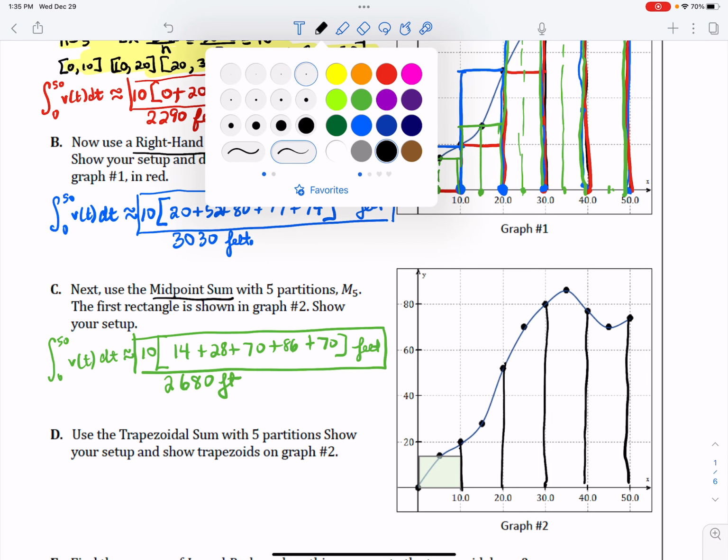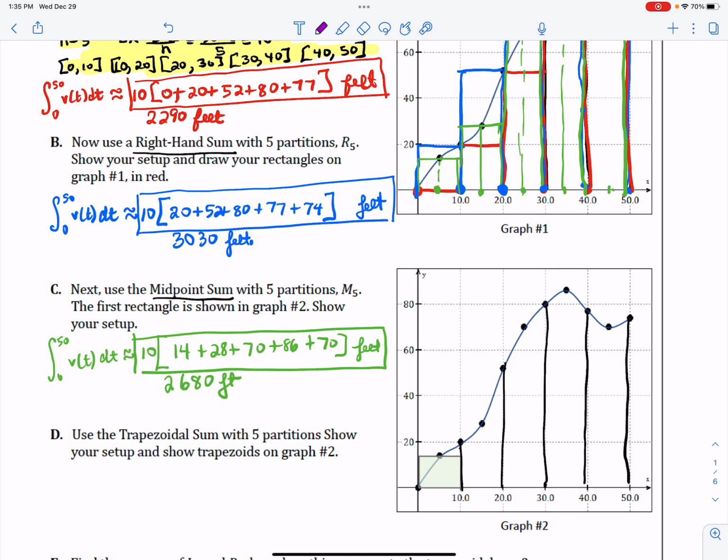So this I will do in purple. To form a trapezoid from 0 to 10, we just simply connect the endpoints. That's a triangle, but a triangle is thought to be a special trapezoid with no lower base. So this is the second trapezoid, and this is the third trapezoid, and the fourth trapezoid, and the fifth one.